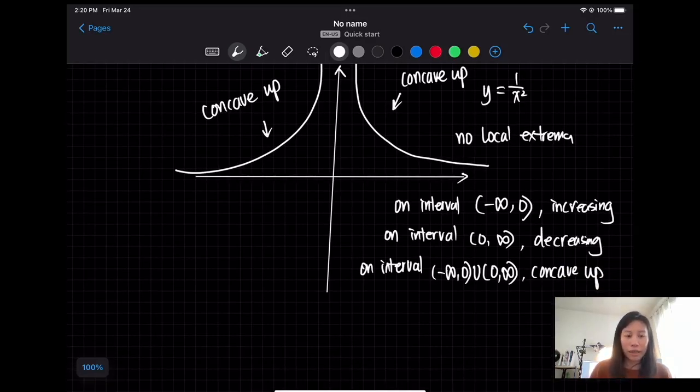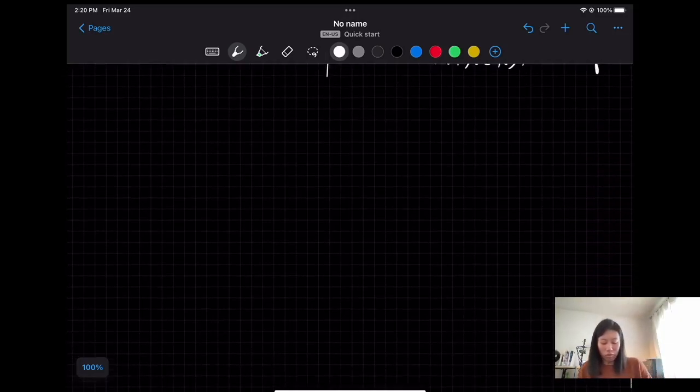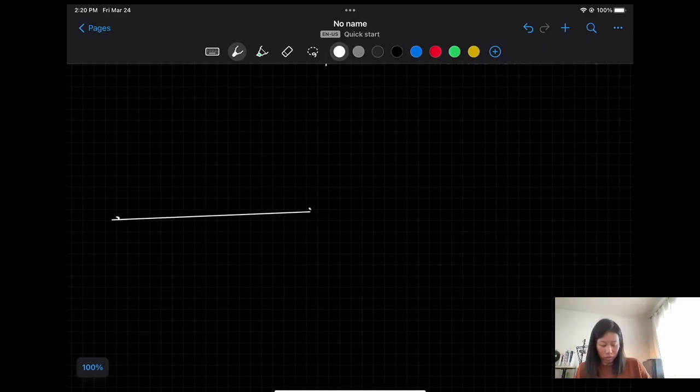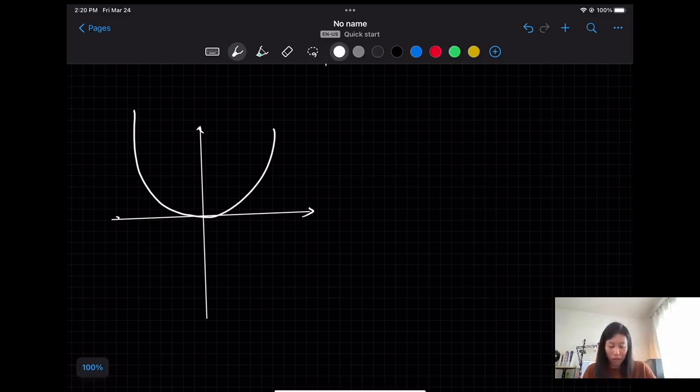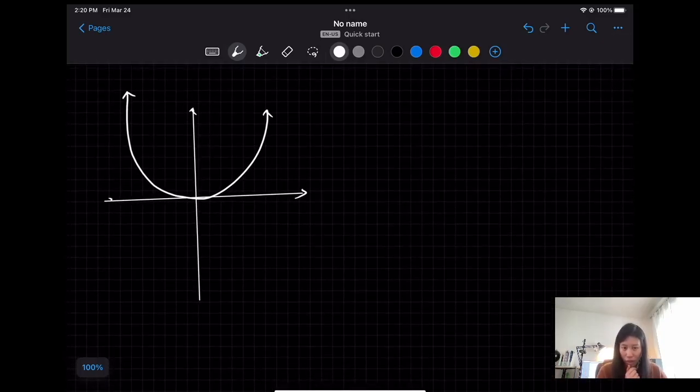We can have another example, such as this one, a parabola. When it comes to the parabola, first of all, is it increasing or decreasing?